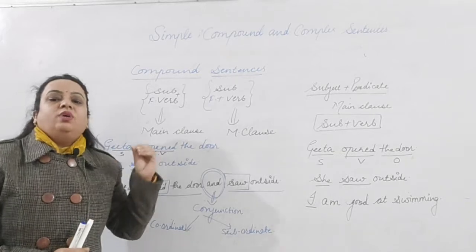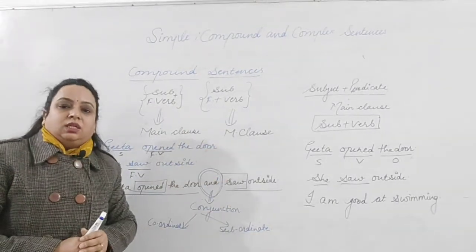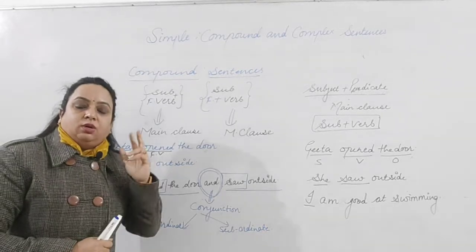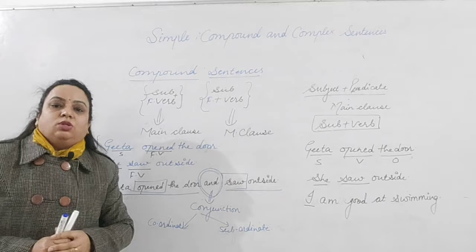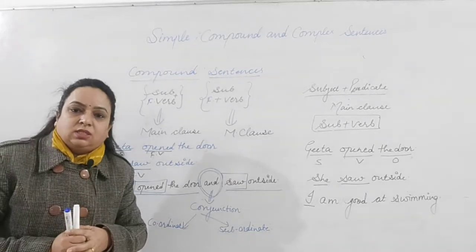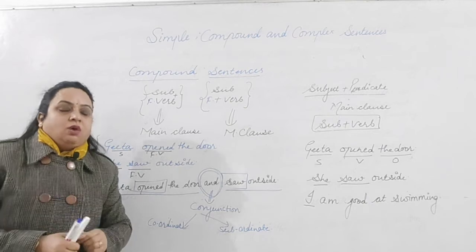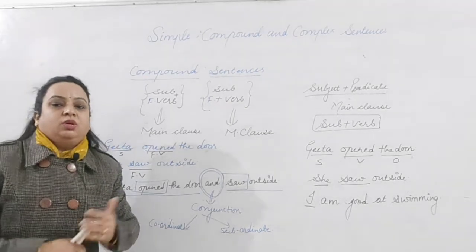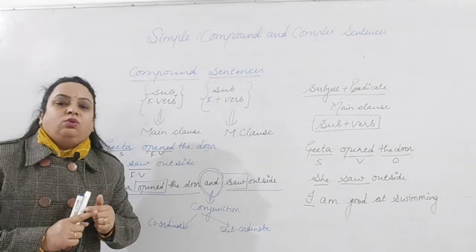So if we get two independent clauses in the sentence, or if we find two main clauses in a sentence, that is also known as a compound sentence. Now I will give you a very simple and easy trick with the help of which you can identify whether the sentence is compound or complex.